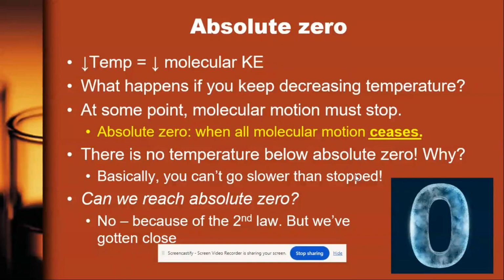And the colder you get, the more likely it will be that something around that object will be warmer, which means heat will flow from that warmer object into the object approaching absolute zero, which will further increase its temperature. Long story short, that makes it absolutely impossible to get all the way to absolute zero. We've gotten really close, within a billionth of a degree Kelvin, and we'll talk about temperature scales in a little bit, but we can't actually get all the way to absolute zero.